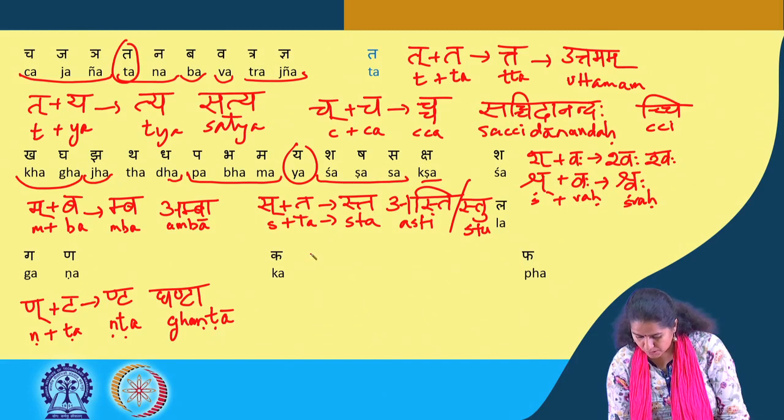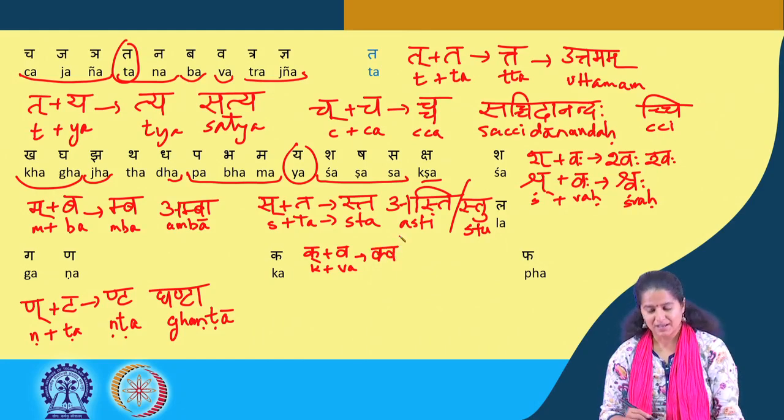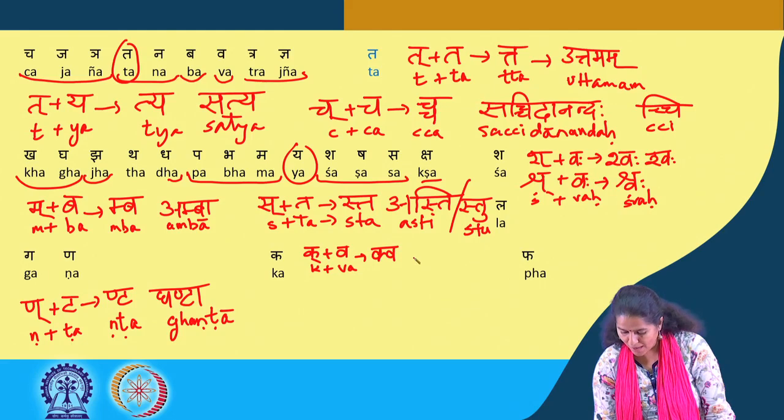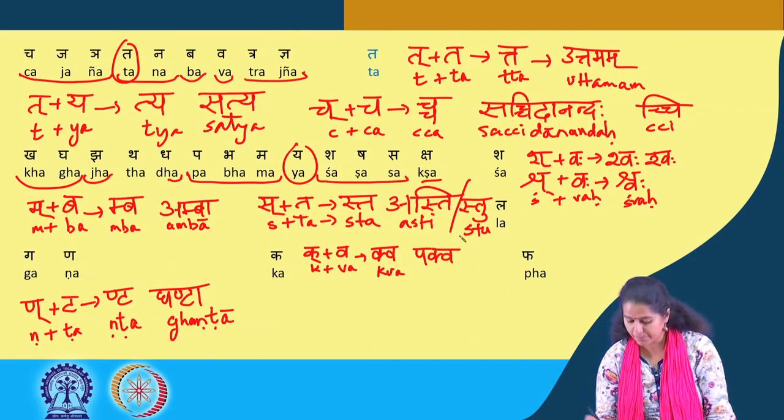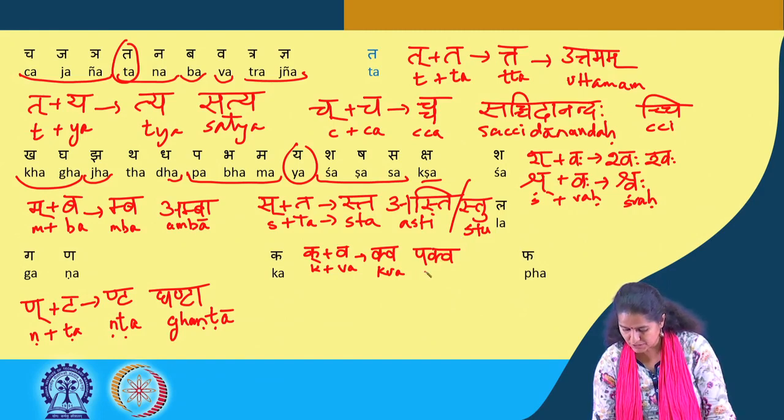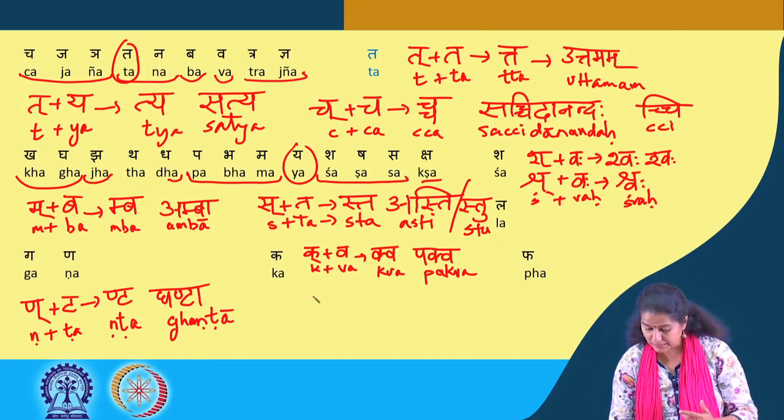So, if you have the word k plus v, it becomes kva in this case, and so you have a word, for example, pakwam. Pakwa is an adjective meaning ripe. So, you see how they come beside each other. So, pakwa, or like I said, the k, when it combines with itself, it becomes a double decker.